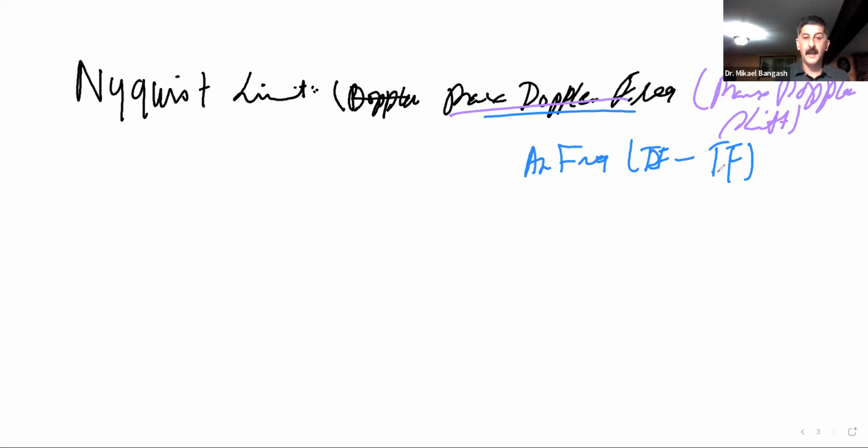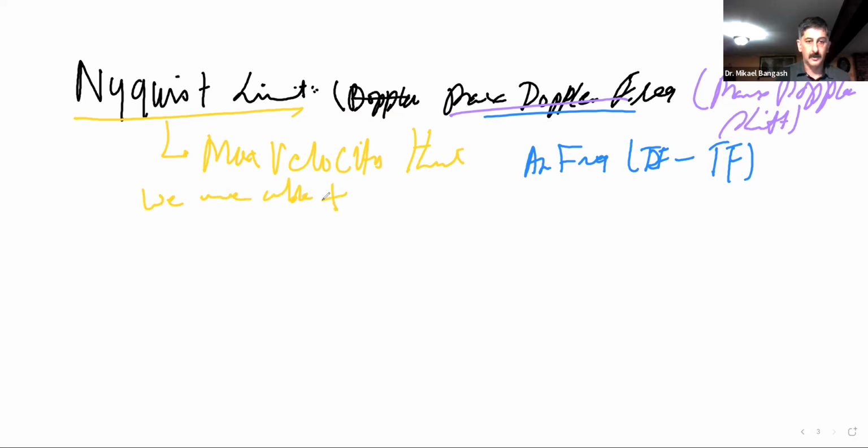But to make a long story short, girls, this Nyquist limit here is mainly going to be the max velocity that we are able to record. Did that make sense?